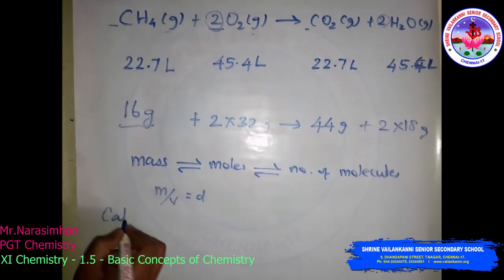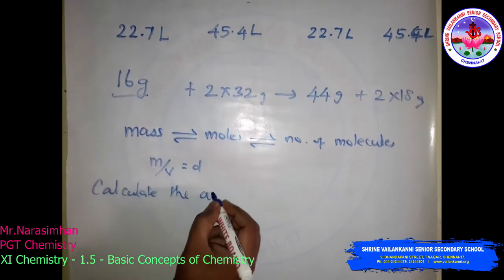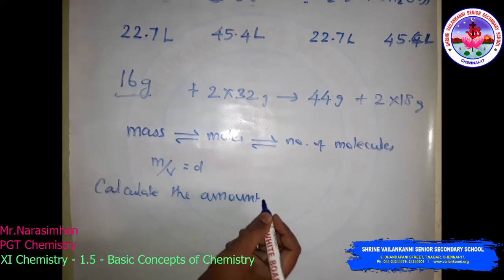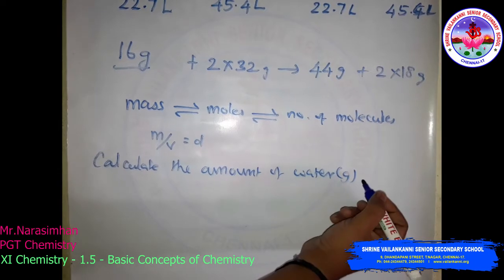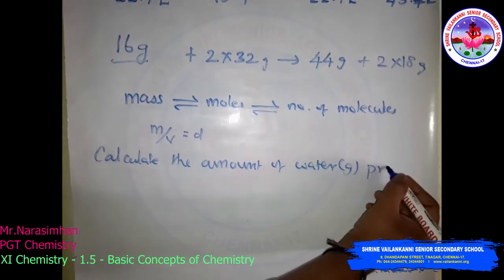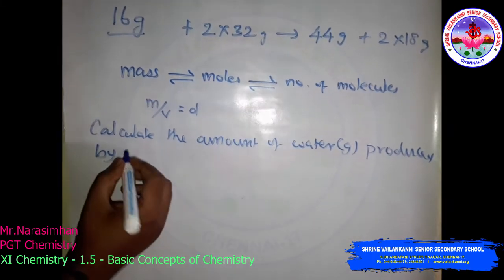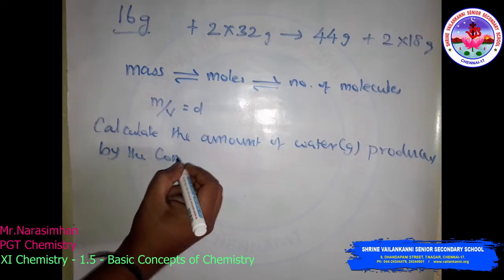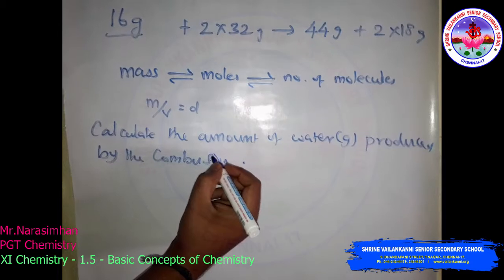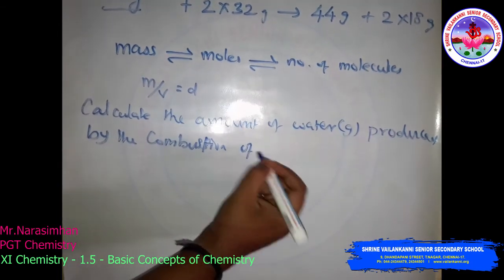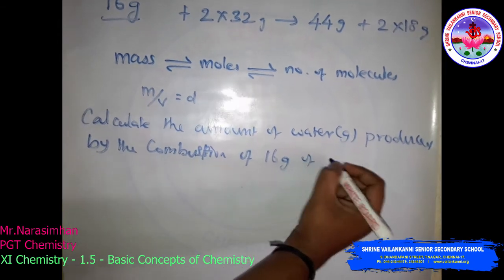Calculate the amount of water gas, the state is very important, produced by the combustion of 16 gram of methane.